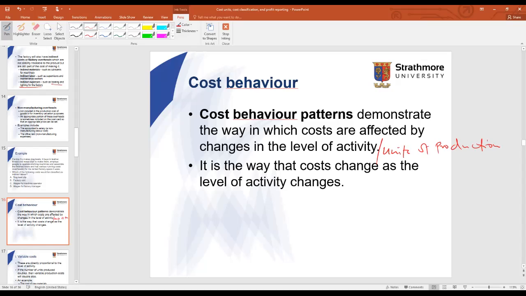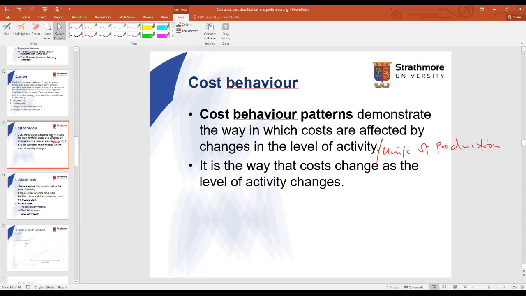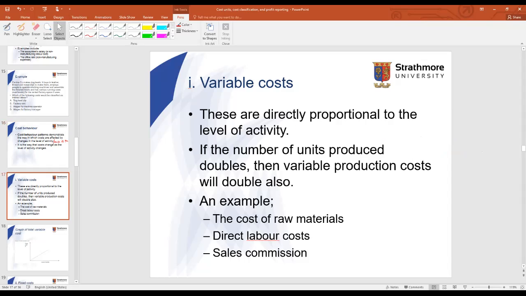It's the way that cost changes as the level of activity changes, as we produce more or less. The first classification is called the variable cost, and as I mentioned, it increases as we produce more units. That means the cost is in direct proportion to the number of units we are producing.